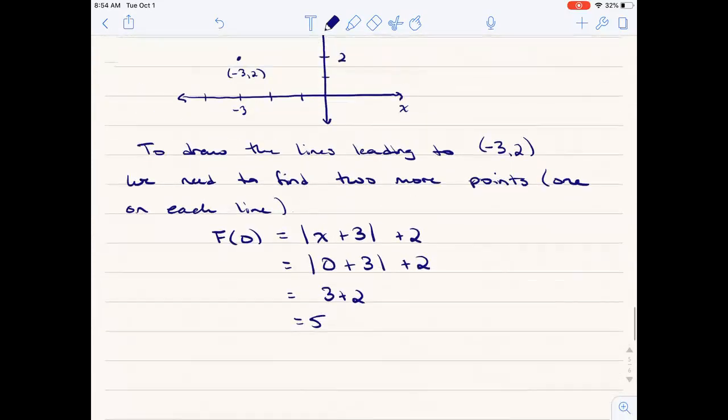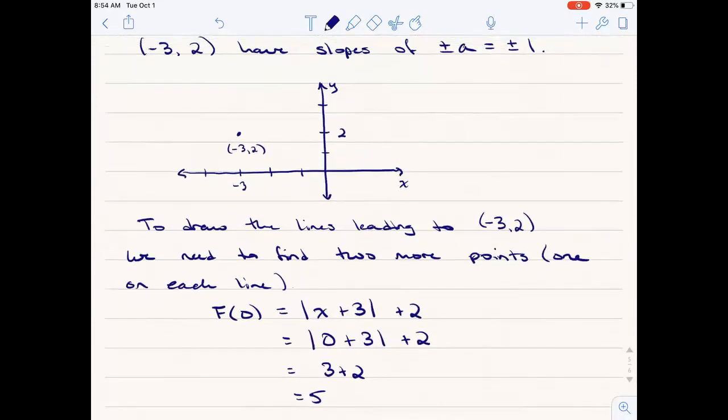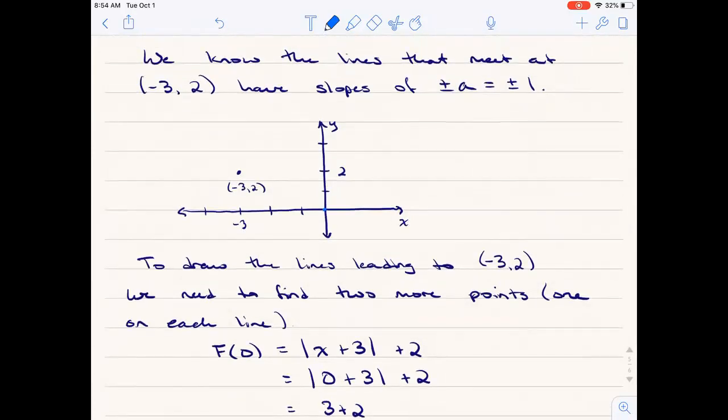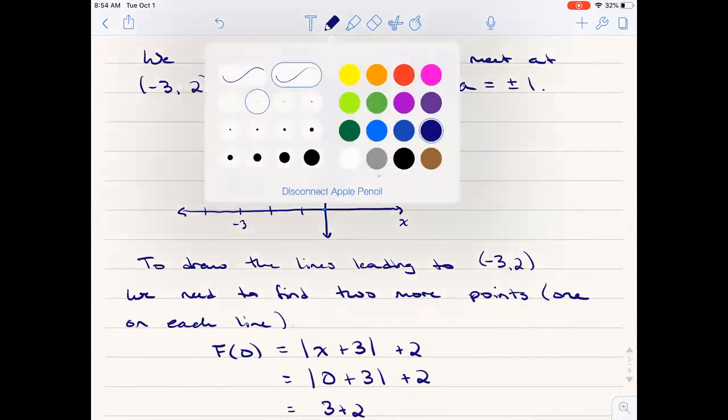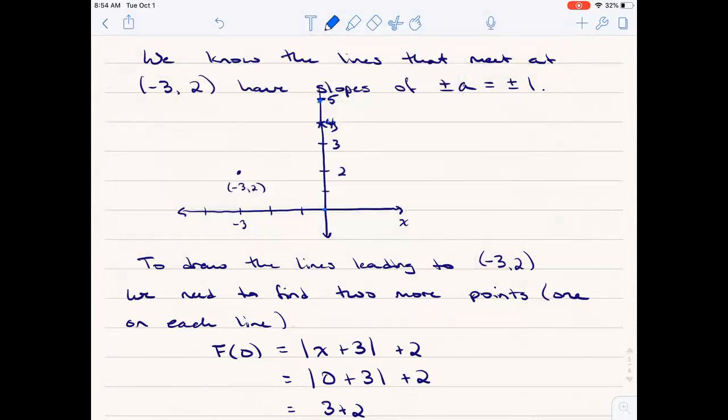Okay. So over here at x is 0, we know we have to go to 2, 3, 4, 5, let's say. Let me extend my line. Didn't give myself enough room. That's all right. We're just sketching. So then here at 0, 5.